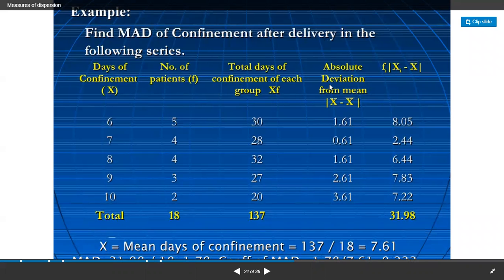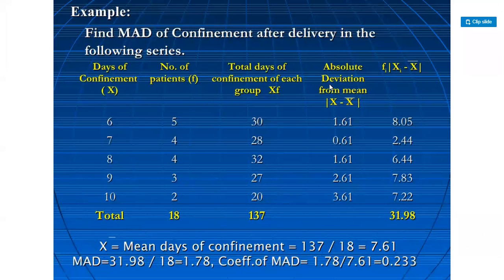The absolute deviation from the mean is x minus x bar, and we got the answers 1.6, 0.61, 1.6, 2.61 and 3.61. After that, we have to multiply them and we got the answer 8.0 like that.